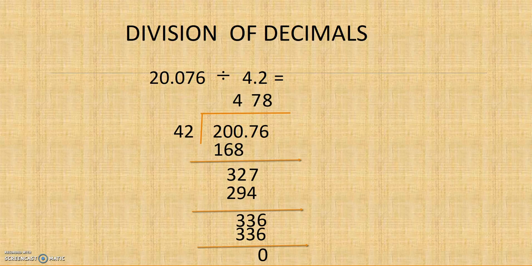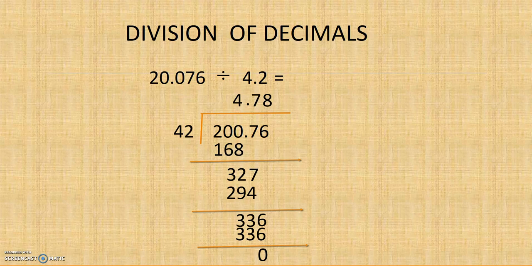So we have 2. So we will place our decimal point 2 places to the left. So our final answer is 4.78 or 4 and 78 hundredths.